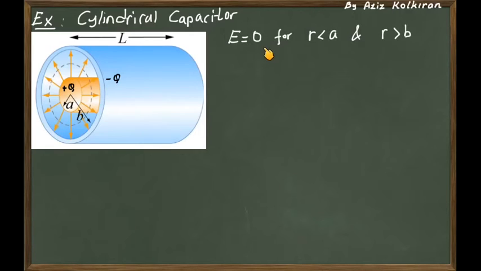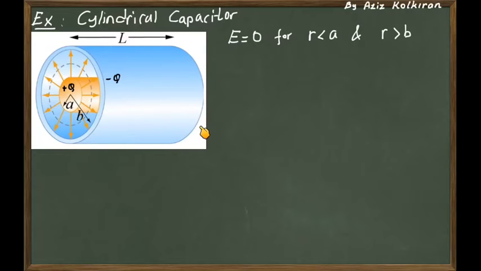So the electric field is 0 for radii less than a, which is the radius of the inner conductor, and the electric field is again 0 for radii larger than b, again because of Gauss's law. Let's think of an imaginary cylindrical Gaussian surface which surrounds these two conductors.